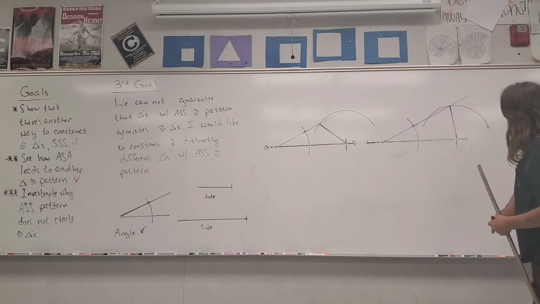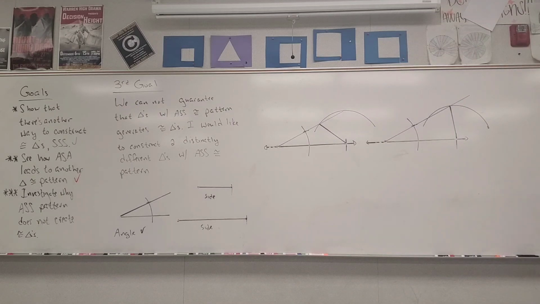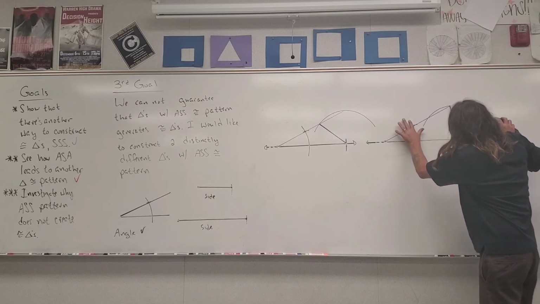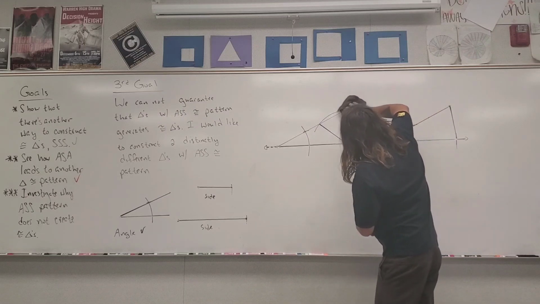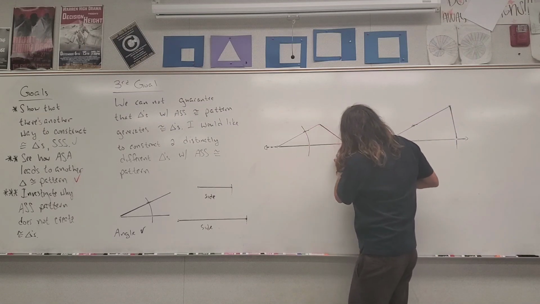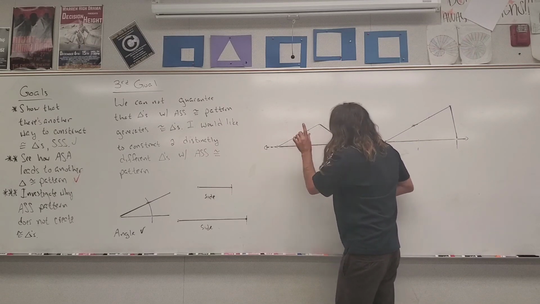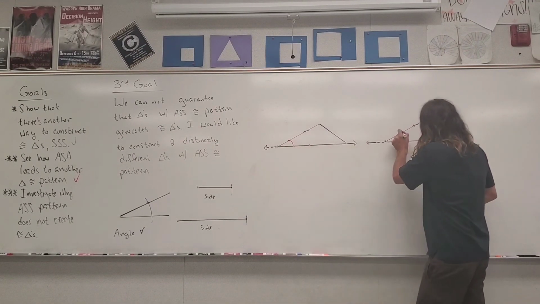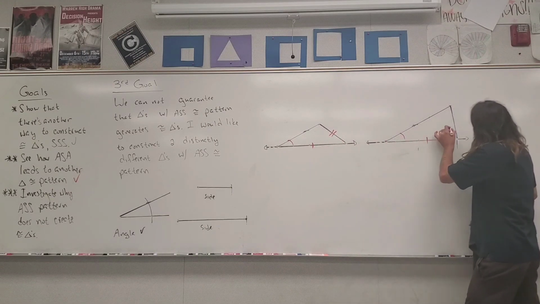And if I erase all the marks that I made for the construction, you can see that I do in fact have two distinctly different triangles, even though the triangle has an angle that's congruent, an adjacent side that's congruent, and the second consecutive side that's congruent.